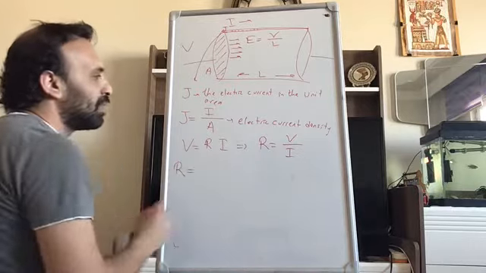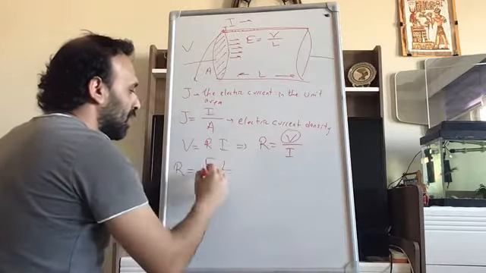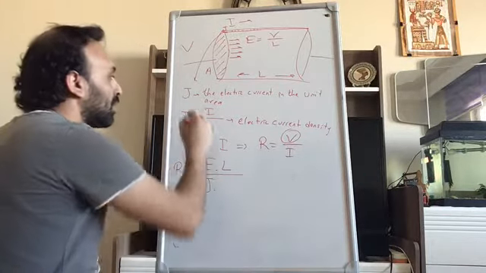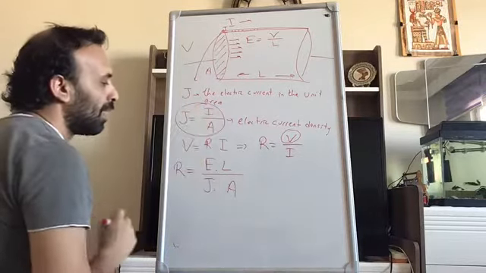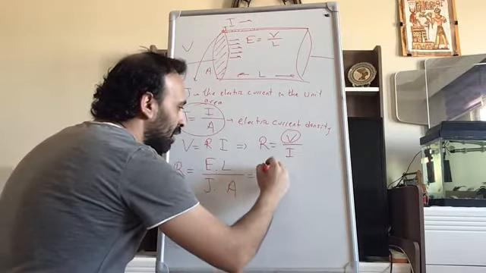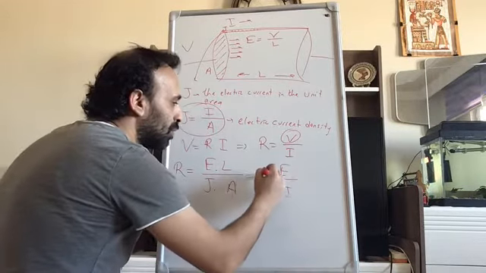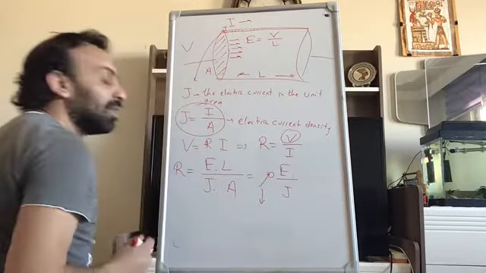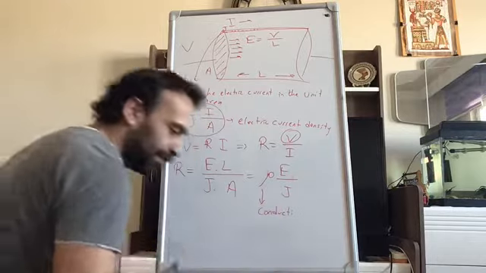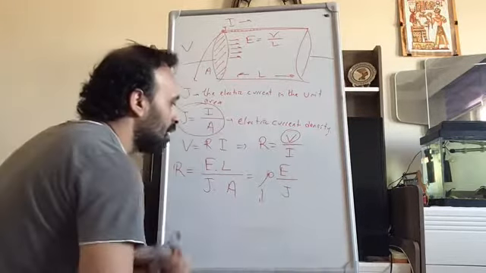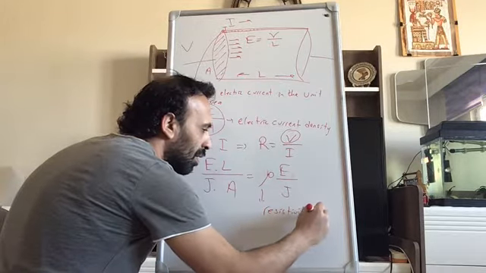So R will be equal to E times L, for the electric potential, over the electric current density times area. I'm using this one, and from here I can write E over J, and I'm going to put rho here. Rho measures the resistivity of the material.